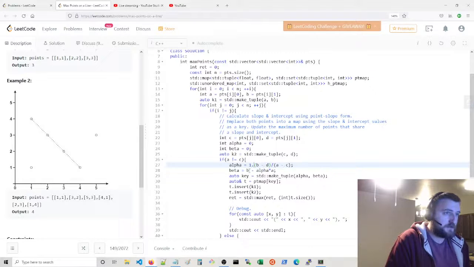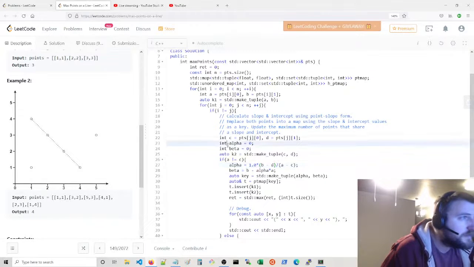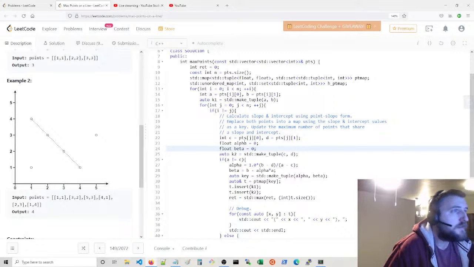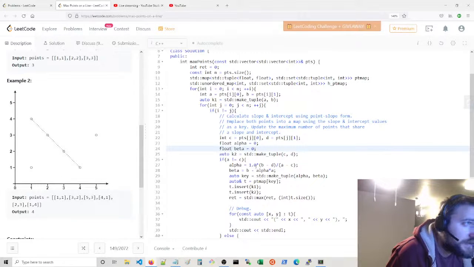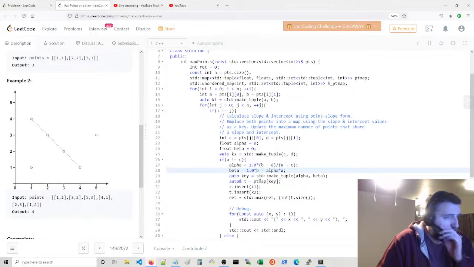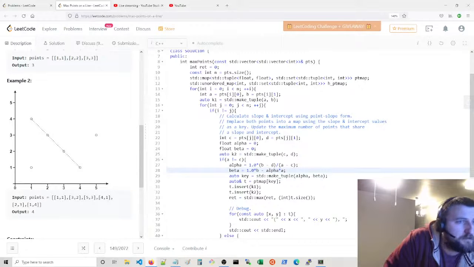Convert these to floats also. So alpha and beta are actually floats. What does this do now?